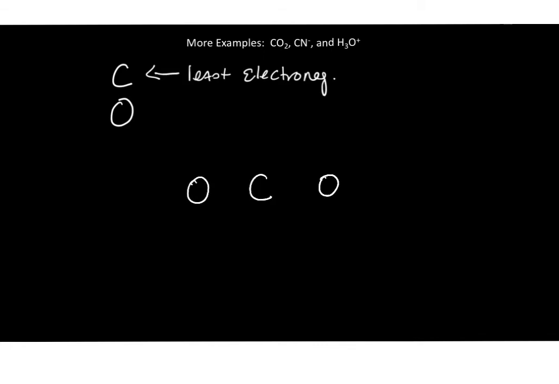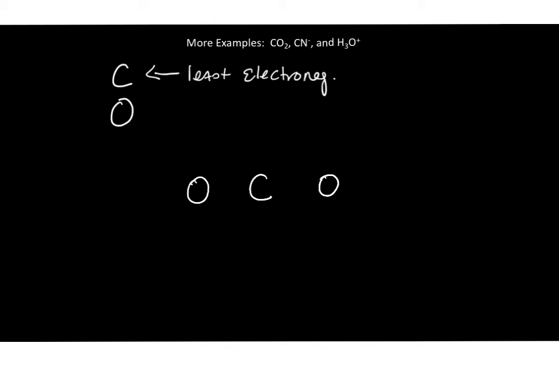Okay, so for carbon dioxide, I've got carbon and I have oxygen. If I compare the electronegativities of those two, carbon is the least electronegative of those two atoms, so it's going to be in the center. So step 1, drawing my skeletal structure, I'll put the carbon in the middle and the oxygens on the outside because they're more electronegative.